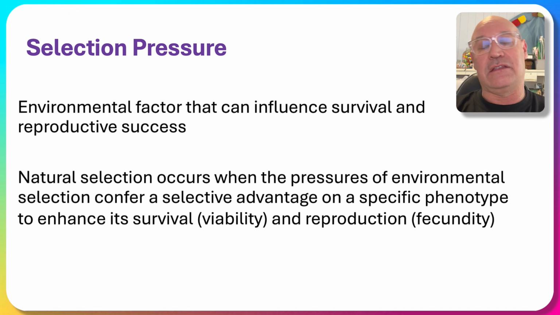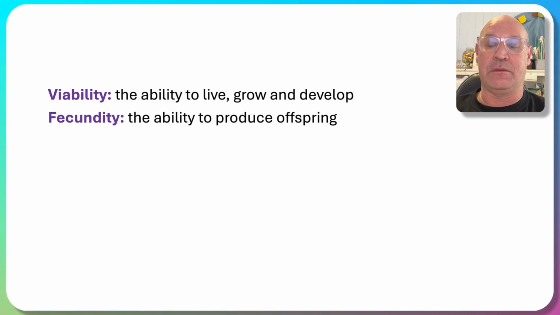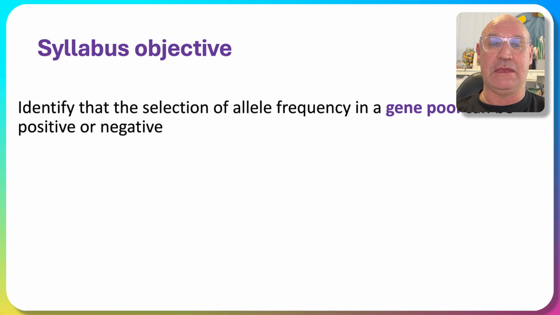So again, they live for longer, they reproduce more, and they pass on the alleles for that favourable phenotype to the next generation. So viability then is the ability to live, grow and develop, the ability to survive, and fecundity is the ability to produce offspring. So if the purpose of life is to not die and reproduce, that's exactly what we're talking about here.